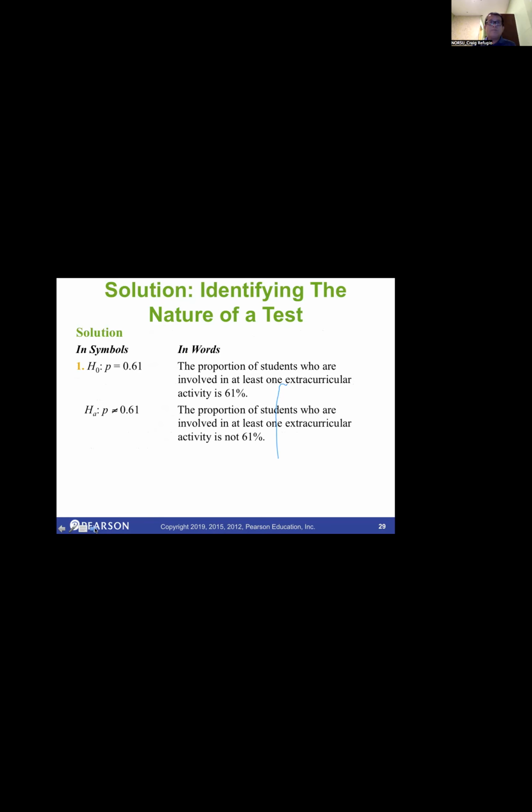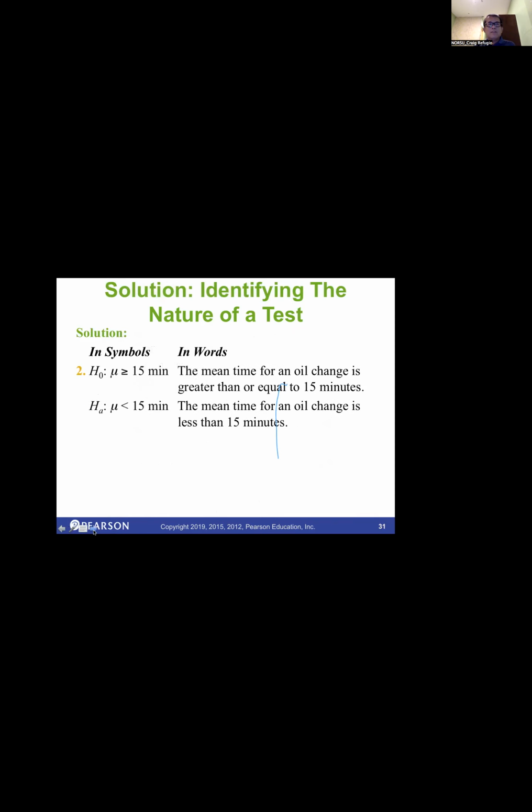It's identifying the nature of a test. Look at our HA: P is not equal to 0.61. We use not equal to. That means one is going to the left and the other one is going to the right side. So we classify this one as a two-tailed test.